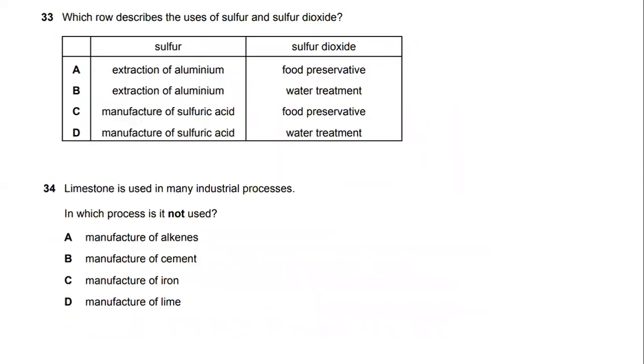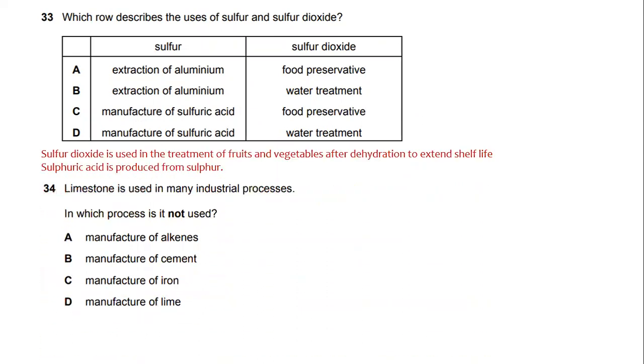Which row describes the uses of sulfur and sulfur dioxide? Sulfur dioxide is used in the treatment of fruits and vegetables after dehydration to extend shelf life. So basically, we can say that sulfur dioxide will be used as a food preservative.